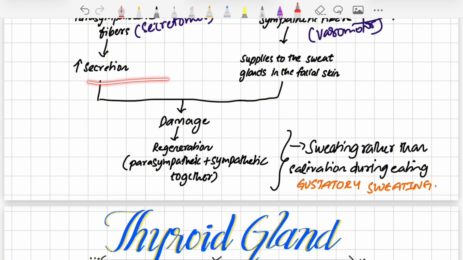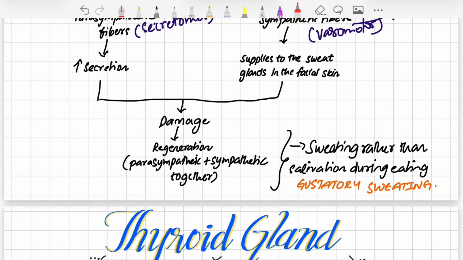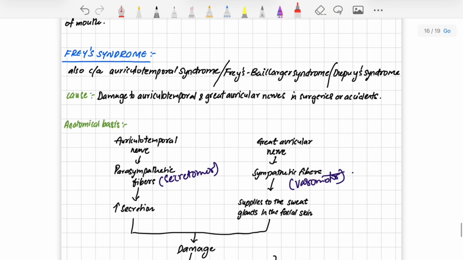Okay. When these two nerves are damaged, during the regeneration they grow together and it causes sweating rather than salivation during eating, which is known as gustatory sweating. Okay. This is all about Frey's syndrome.